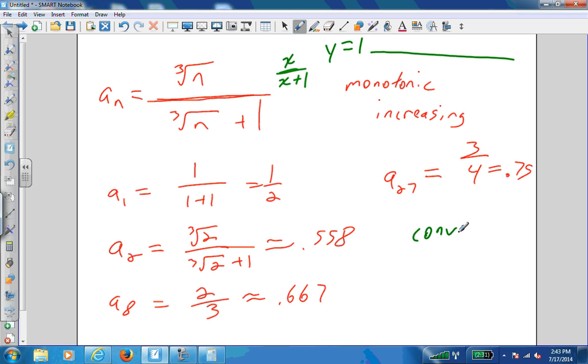So this does converge. If we want to check what it converges to, let's use L'Hopital's rule.